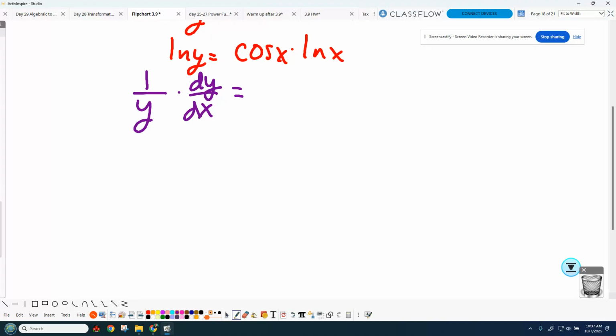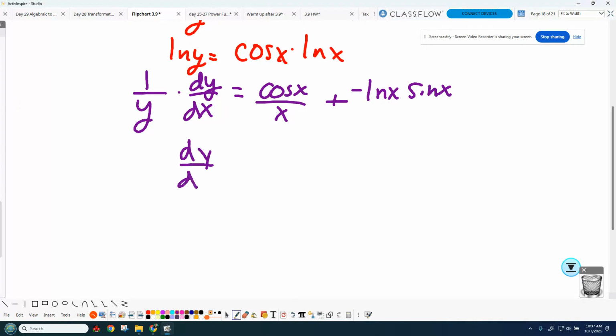So it's cosine x times 1 over x, sorry, 1 over x times cosine x, plus ln x times negative sine x. Okay, then I have to solve for dy dx. I wrote it, okay, I squirted the negative sign out front. I'm being lazy and trying to not have to write things too many times.